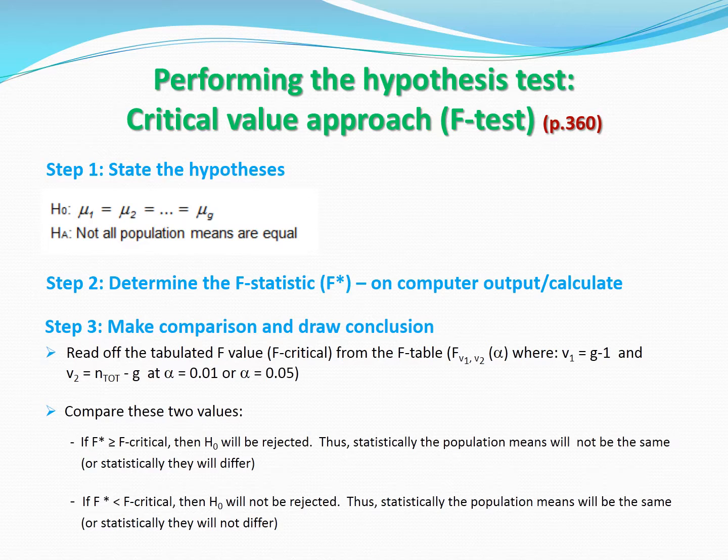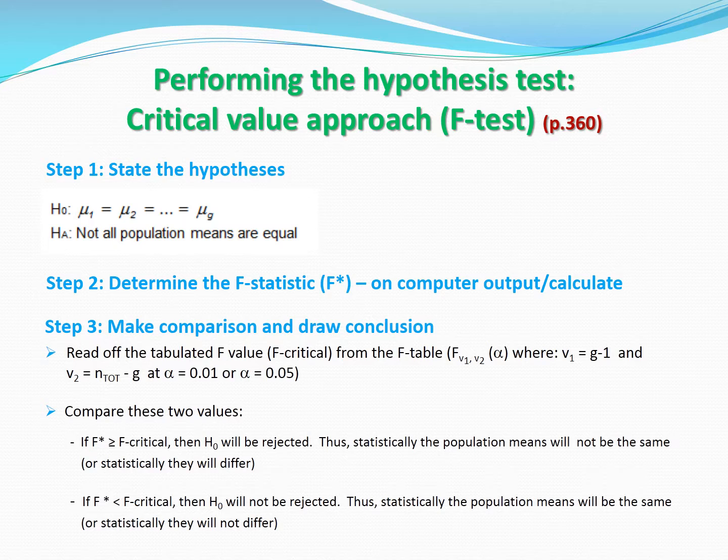Then you can compare your F statistic and your F critical value, and the decision rules that we use are indicated over here. If your F statistic is greater than or equal to your F critical value, then your null hypothesis will be rejected.